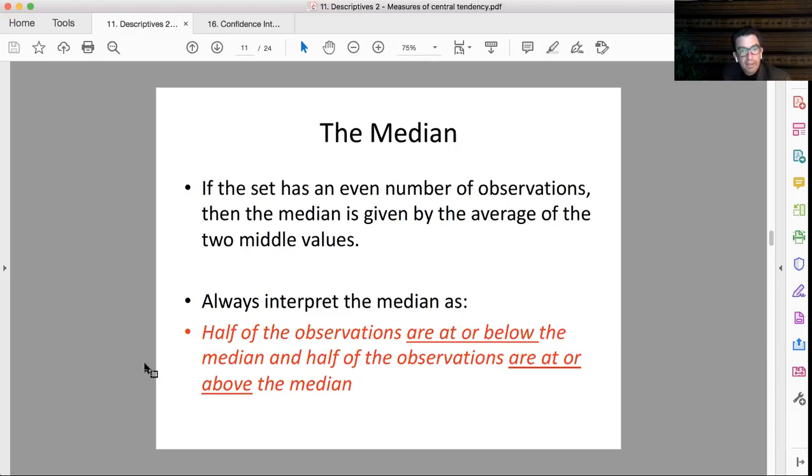We would say half of the households make $60,000 or less, and the other half of the households make $60,000 or more. That's how we would interpret a median.